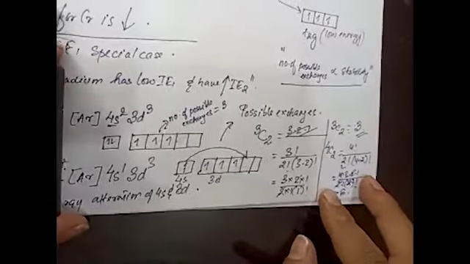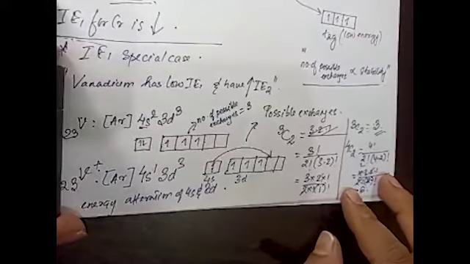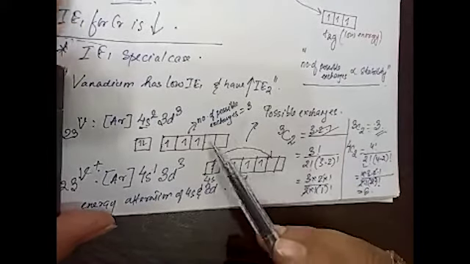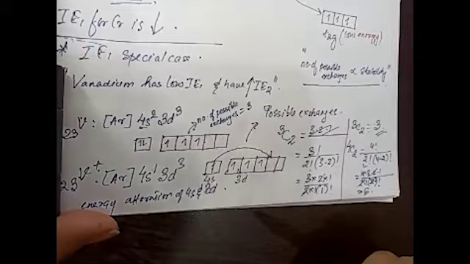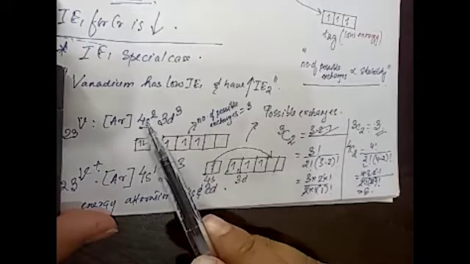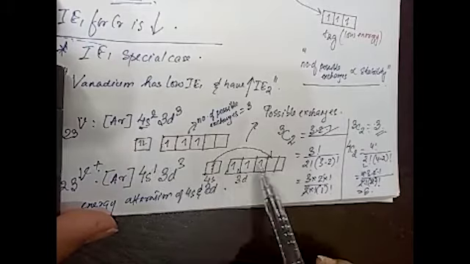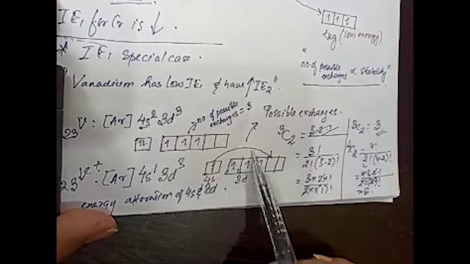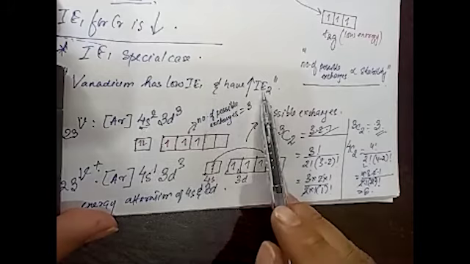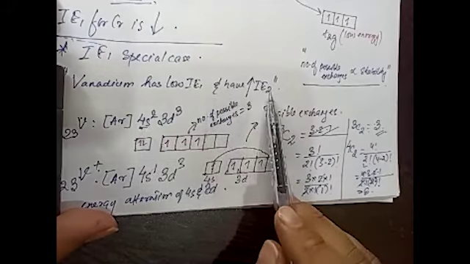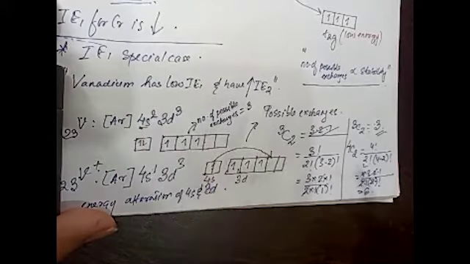Therefore you understand that since the number of possible exchanges is increasing after the removal of the first electron, the stability increases. Since the stability increases, the second ionization energy is going to be high for vanadium. Fine.